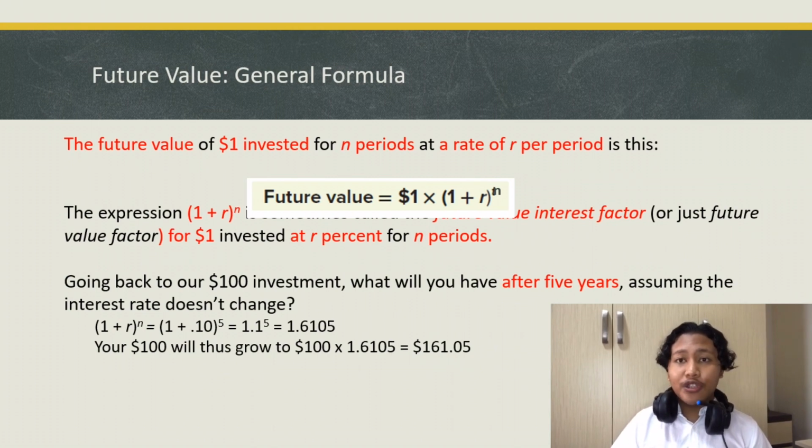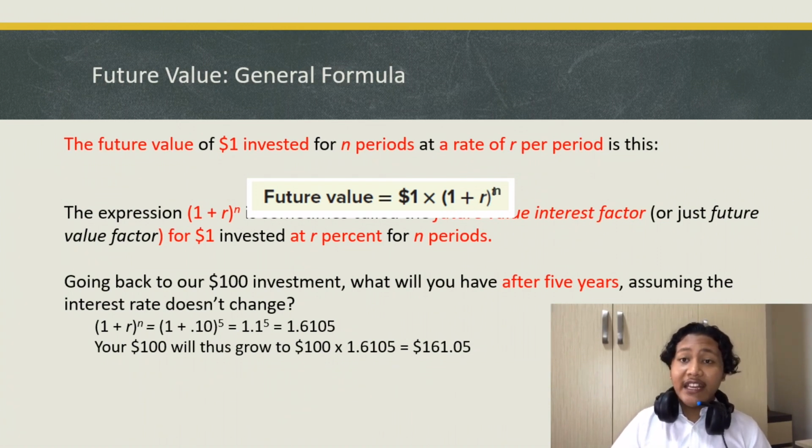So we just put the items into the future value formula, where P is equal to 100, and in brackets 1 plus r, representing 10% or 0.10, to the power of 5, because the question asks for 5 years. If the question asks for 3 years, n is 3 years.